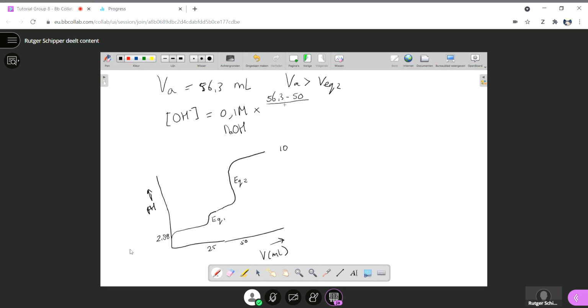So 56.3 minus 50, and then we divide it by 50 plus the 56.3. So what's this? This is the volume of the solution, and this is the volume in excess, because we know that the first 50 milliliters has been reacted with malonic acid.